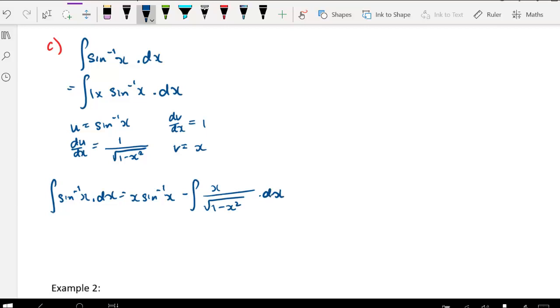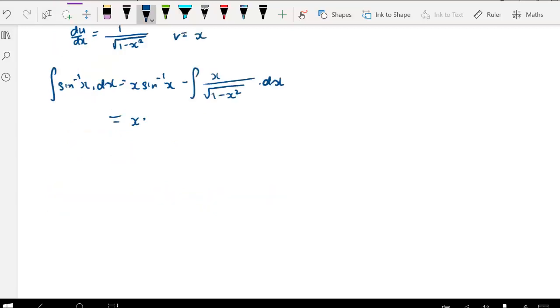So that means we've got x arcsine x, and we can see that this is going to be a substitution. So we'll let u equal 1 take x squared, and therefore du/dx is negative 2x, which means that dx is equal to negative 1 over 2x du.